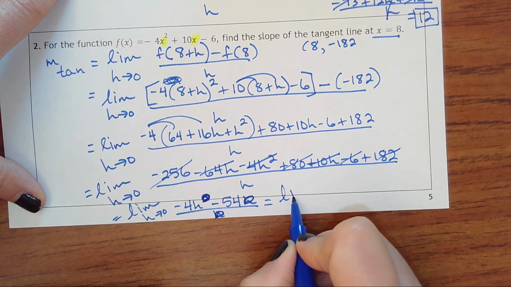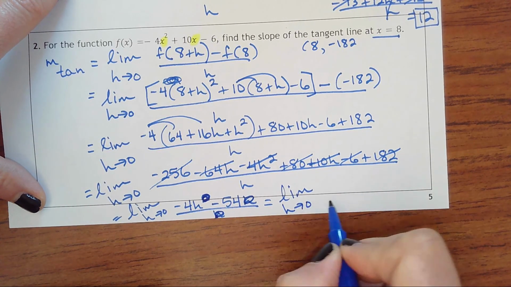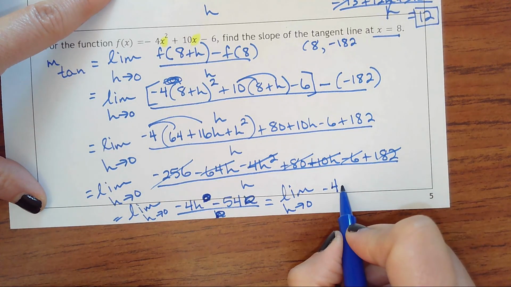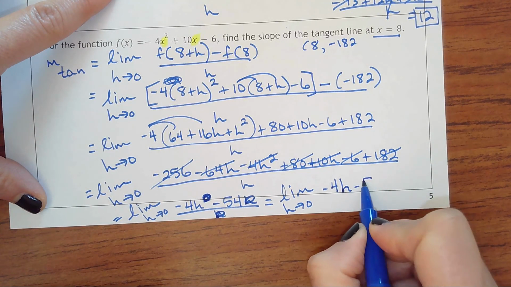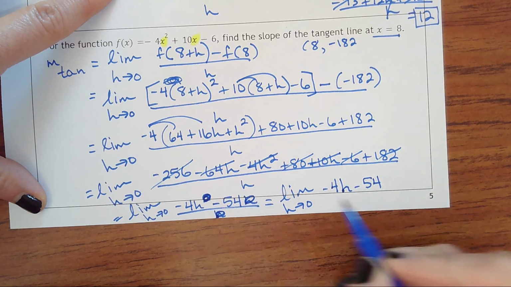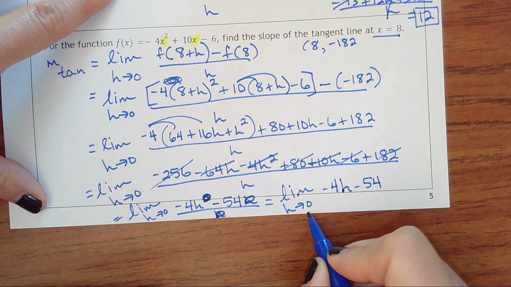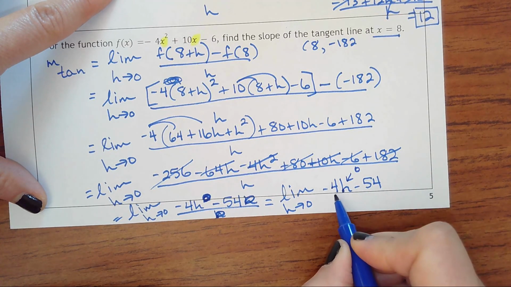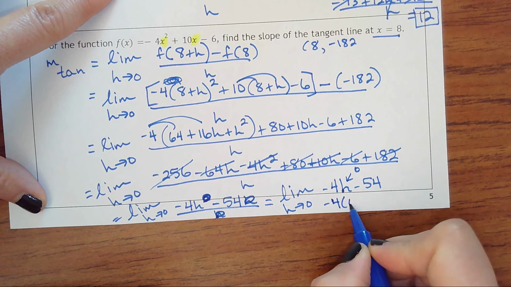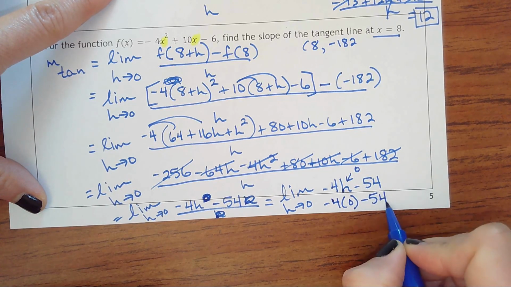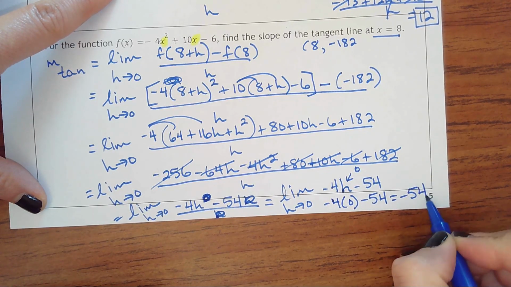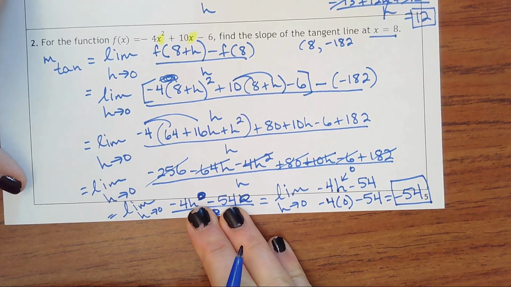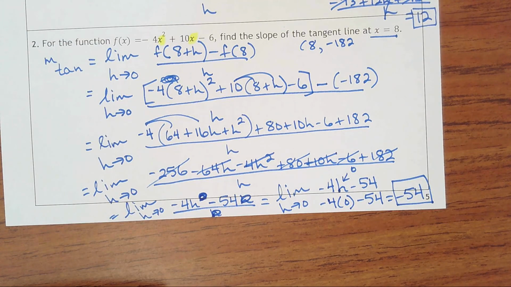And so really I get negative 4h minus 54, because I took these away. And then what you want to do is just direct substitution. H is going to 0, so we're just going to put a 0 in here. Negative 4 times 0 would be 0, minus 54 would be negative 54. So at x is 8, there's a slope of negative 54.